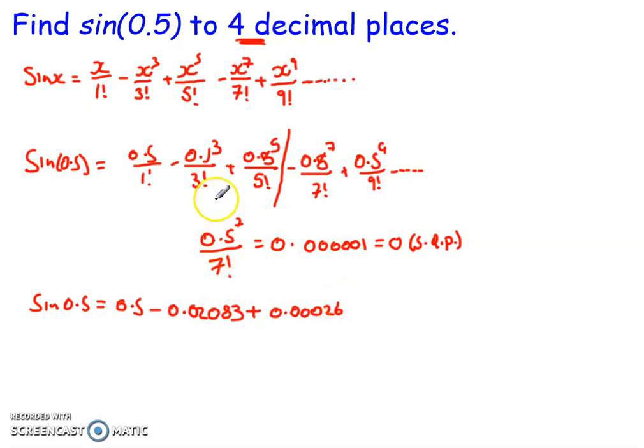We've already proven we don't need that one there. What I can then do is add it all together and round it to 4 decimal places, and I'd get 0.4794 to my 4 decimal places.